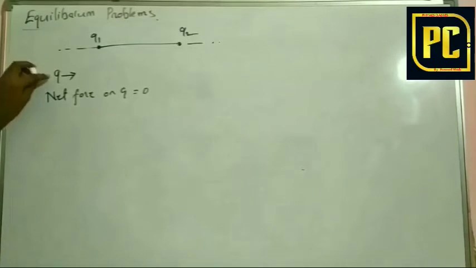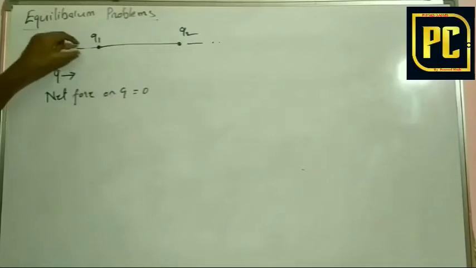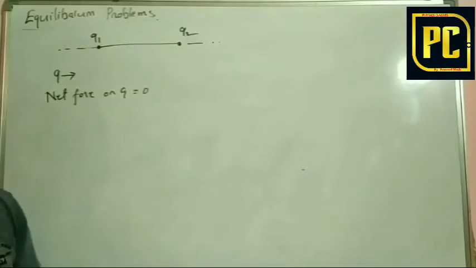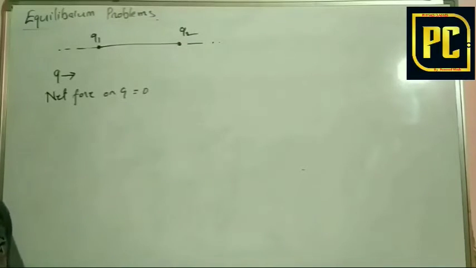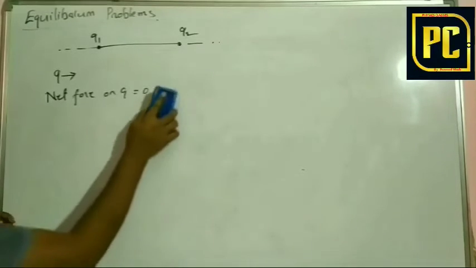Where should I place this Q so that the net force on it is 0? Either here or here. It depends on the nature of the charges. If the two charges are positive, it will be at one place, and if the two charges are unlike, then it will be at a different place.